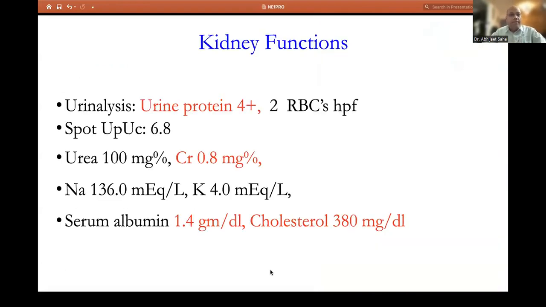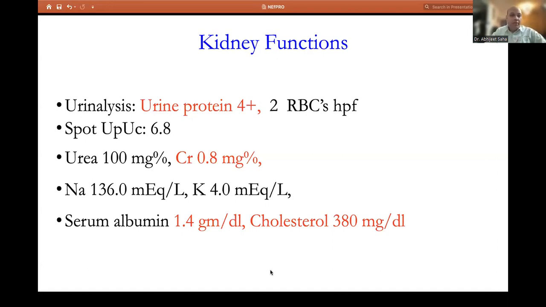Okay, so the urine analysis of this child was sent along with the relevant investigations, and it was seen that on the dipstick, the urine protein was 4+, and there were 2 RBCs per high power field. Spot protein creatinine ratio was 6.8. So quantification of proteinuria was done on a spot sample, and it was 6.8.